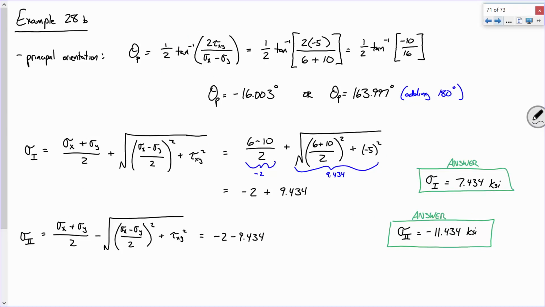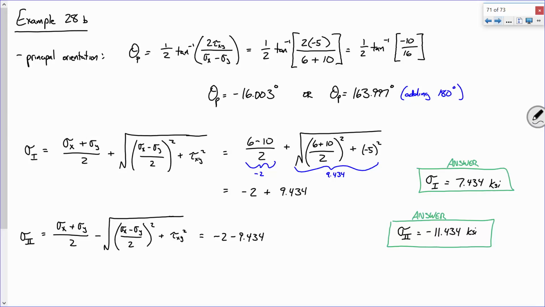And if you don't believe me, look at this. Look at the formula for sigma 1 and sigma 2. Well, actually, I got them backwards, but that doesn't really matter because as long as you've got the magnitudes, that's all you really care about. This is center plus radius, center minus radius, right? Sound good?